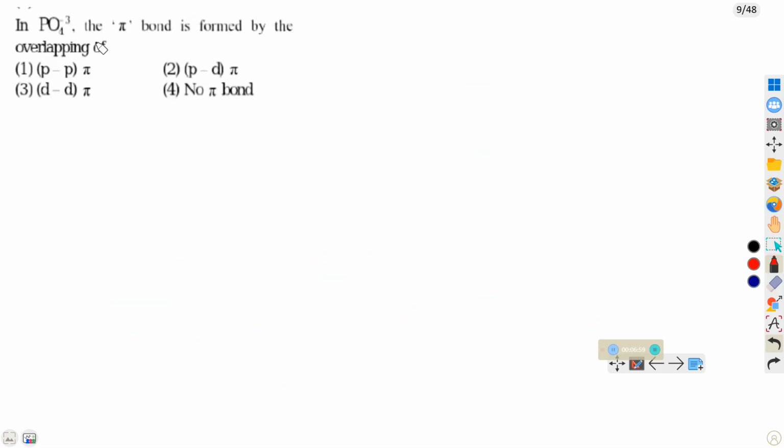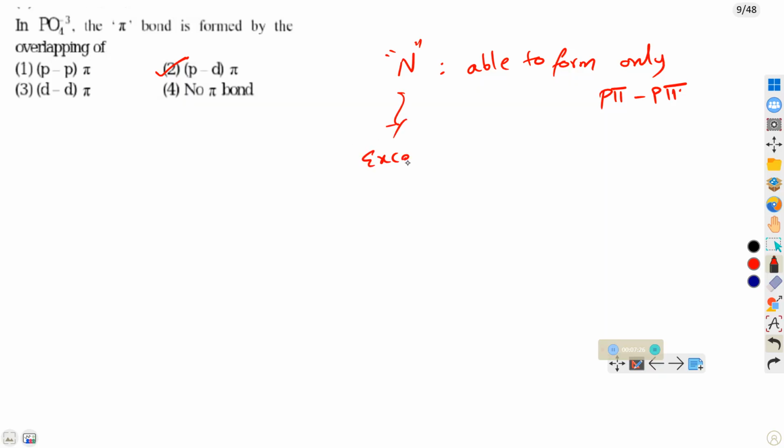In PO4 3 minus, the pi bond is formed by the overlapping of p pi d pi. Because it is phosphorus, not nitrogen. Nitrogen is able to form only p pi p pi. Except nitrogen, the remaining elements are able to form p pi d pi.